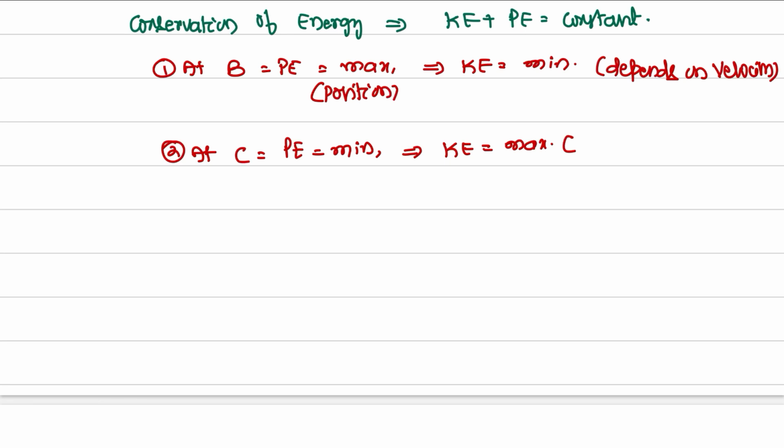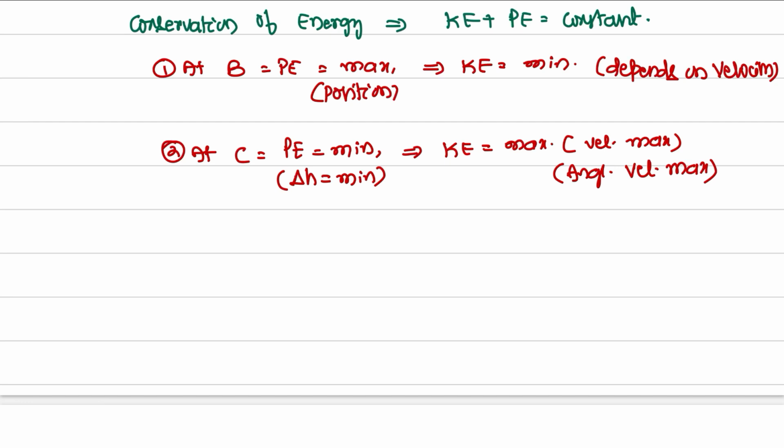That means velocity is maximum, that means angular velocity is maximum. Whereas potential energy minimum means it can be 0 also. Delta H is minimum, or delta H is equal to 0 at C. At B, delta H is maximum.